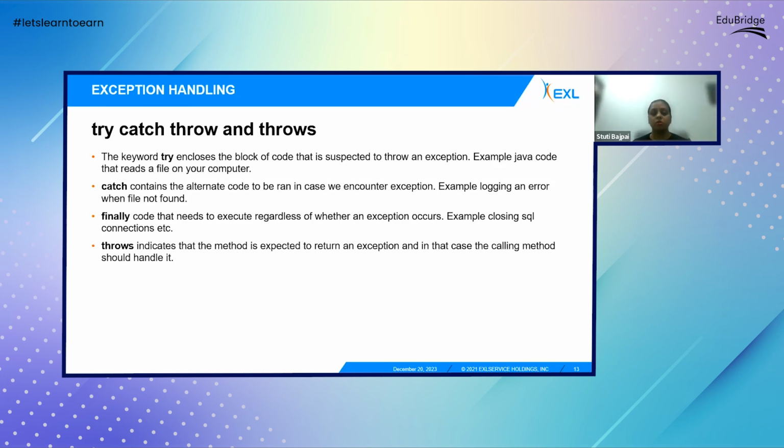Throws is used with the method signature itself. You have already seen, you write the access modifier, the scope, the return type of a method, then the method name, and then the arguments it requires. With that, you use the throws keyword, which indicates that this particular method throws a certain exception. You write throws and the name of the exception this method is going to throw.